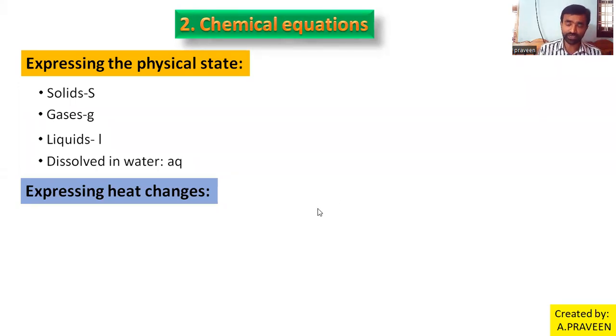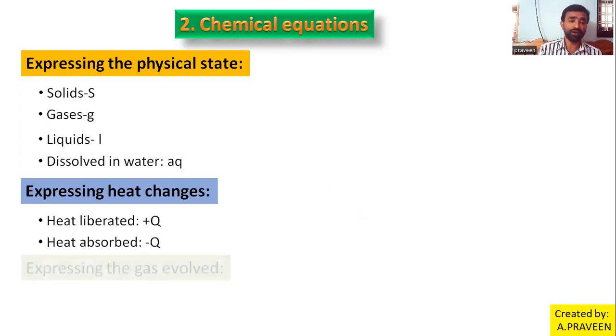In that condition we can use the symbol plus Q towards the product side. If the overall contents become cool, lost temperature, we can write that as minus Q, heat absorbed.